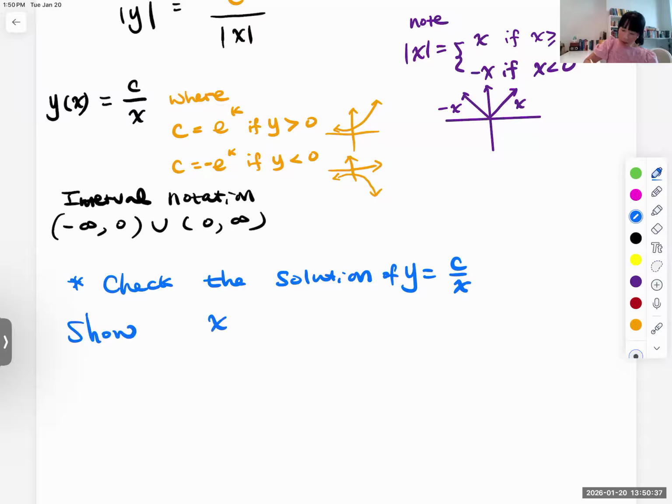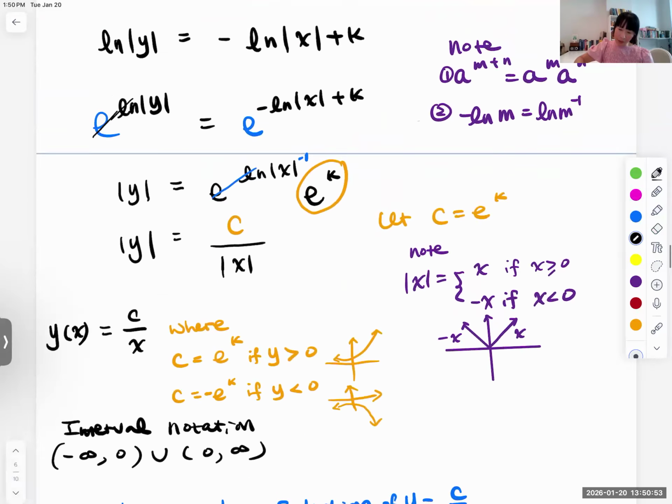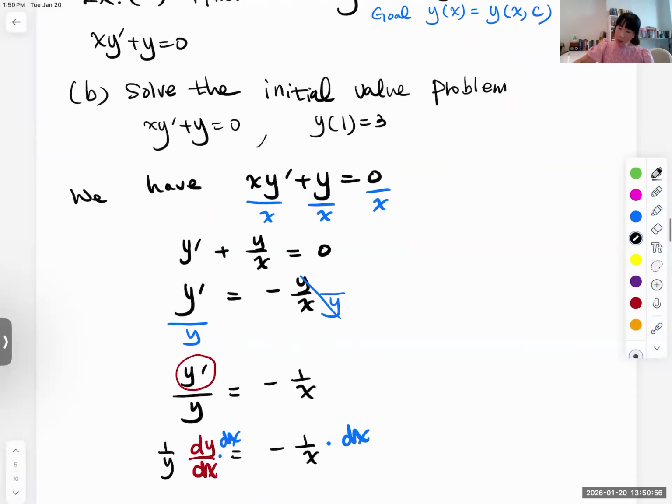Show x y prime, the differential equation as given earlier, right? So x y prime plus y equal to 0.